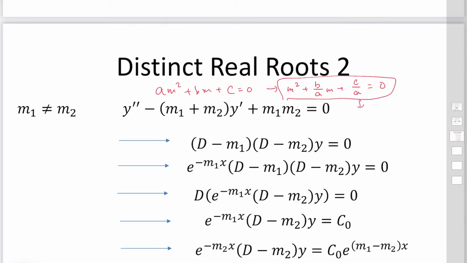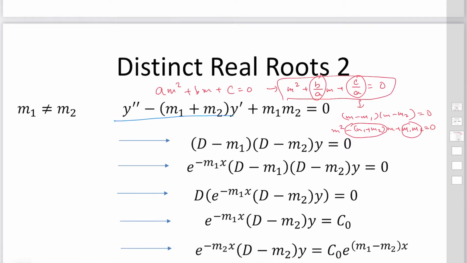This equation has to be expressed as (m minus m1)(m minus m2) equals 0, which is m squared minus (m1 plus m2) m plus m1 m2 equals 0. So b over a corresponds to minus (m1 plus m2), and c over a corresponds to the product m1 times m2.